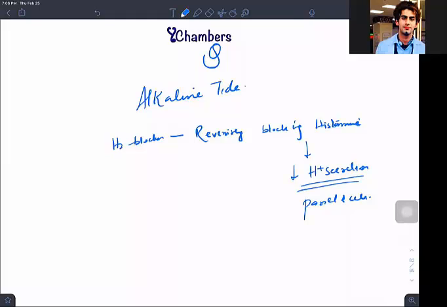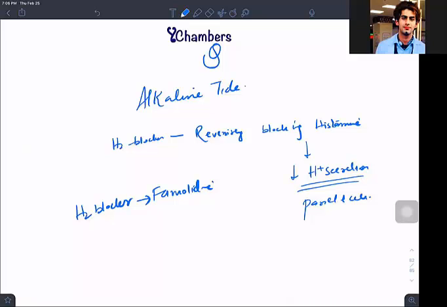Which is the most potent H2 blocker, by the way? The most potent H2 blocker is famotidine. Okay. So can we name an H2 blocker which has anticholinesterase activity also, which causes bradycardia?